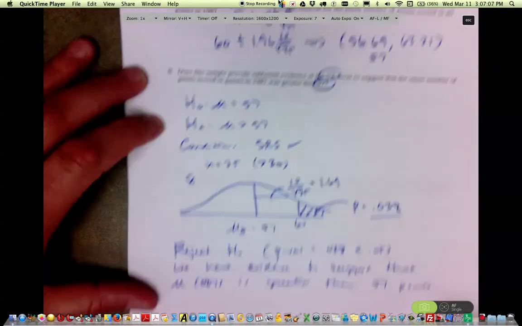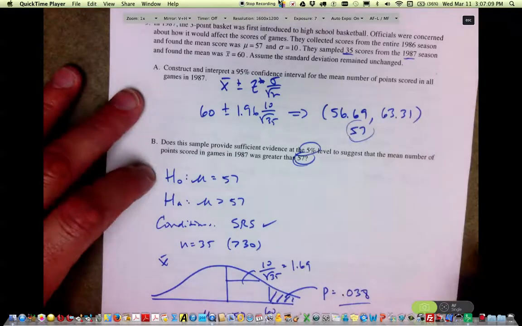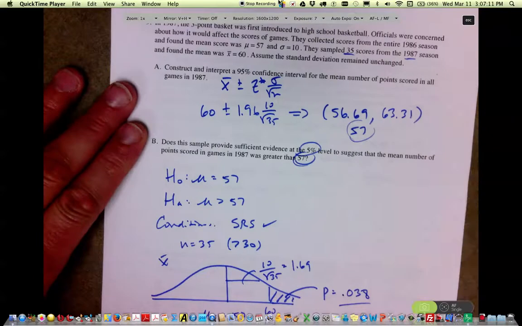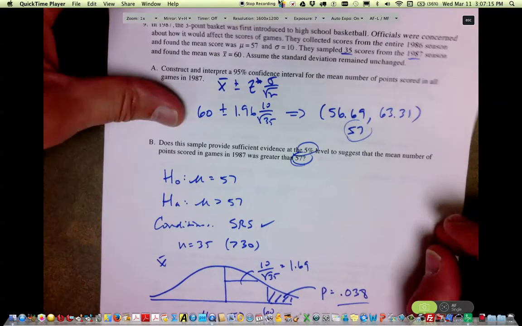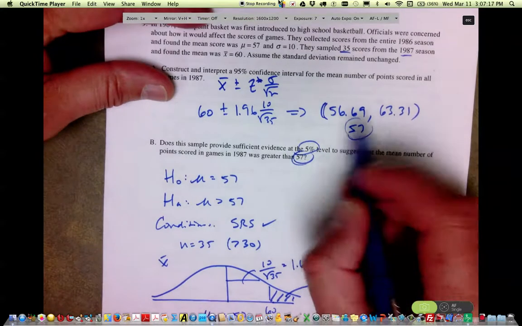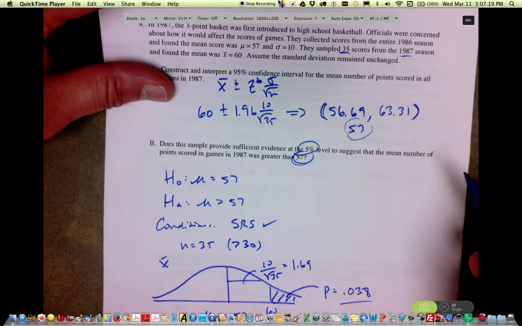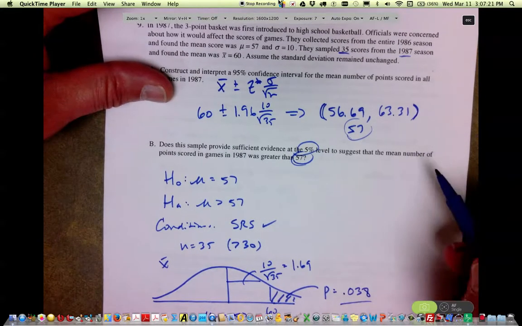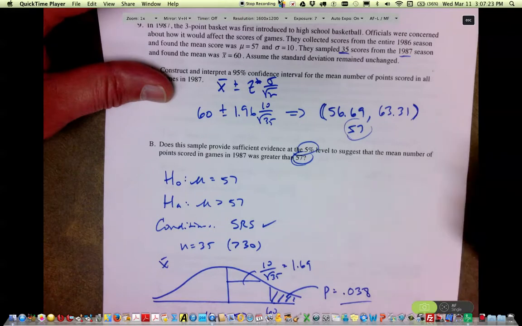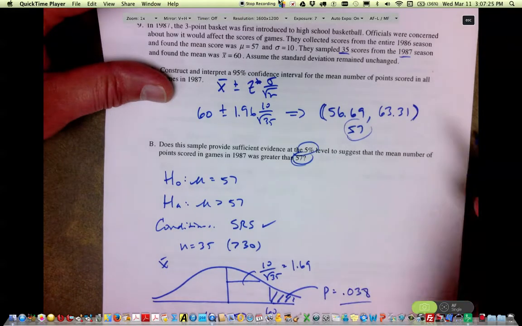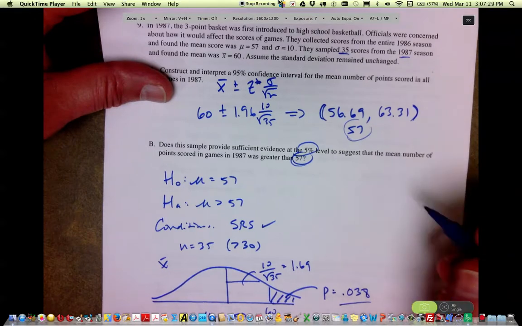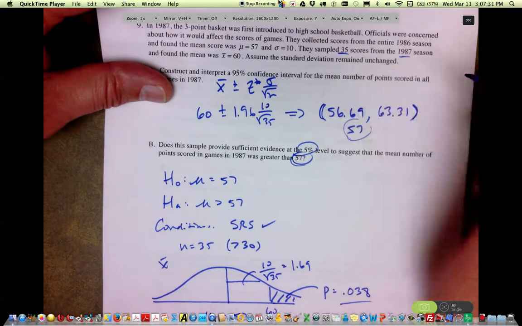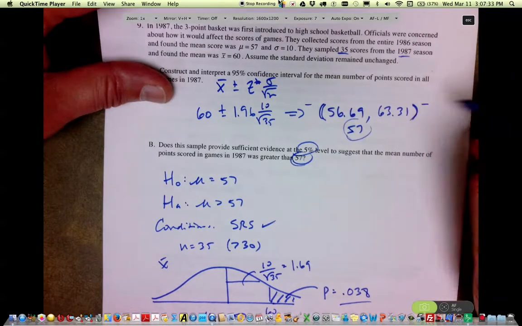Now if you look up here, it seems like maybe we made a mistake then, because 57's in this interval. But actually we haven't really made a mistake. We're 95% confident that the true mean is going to be in this interval. Now, if we think about the chances that the interval we construct is going to miss the mean, that's 5%. But there's a 5% chance that we're going to miss it on this side or this side.